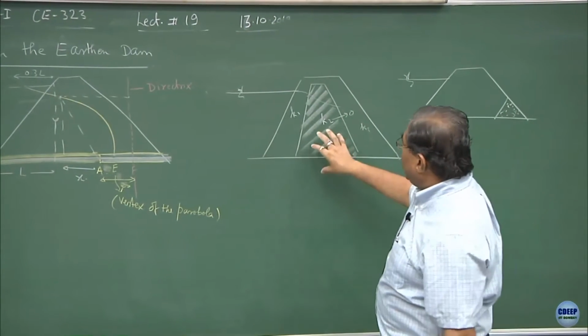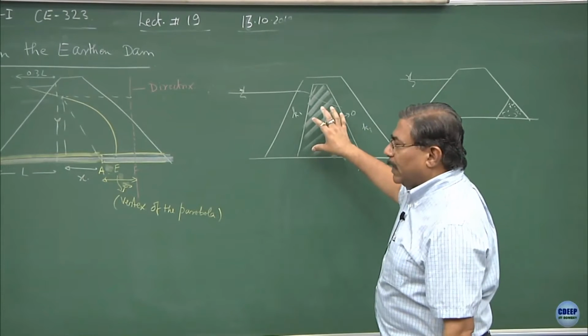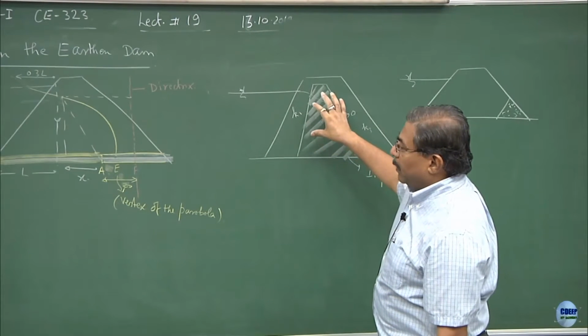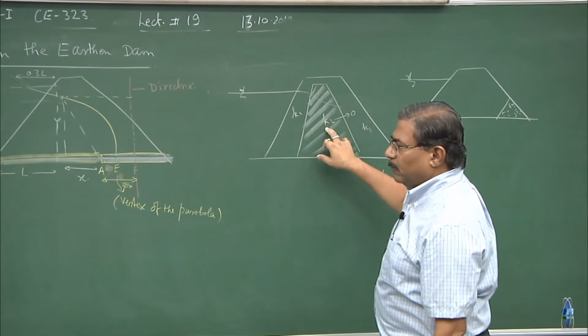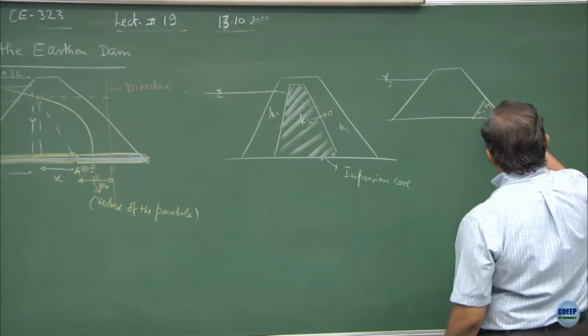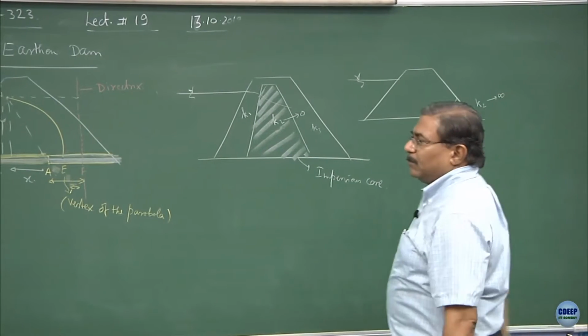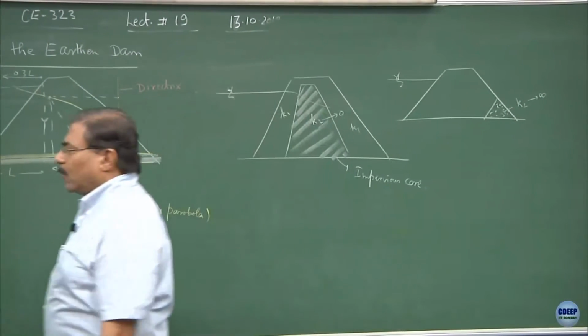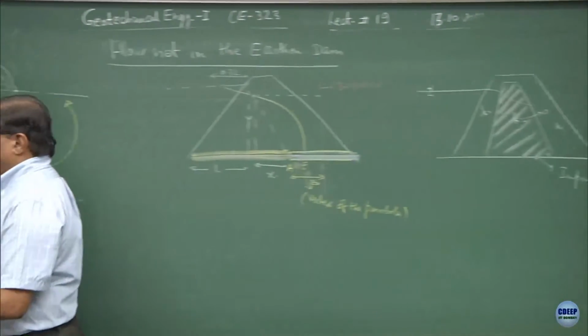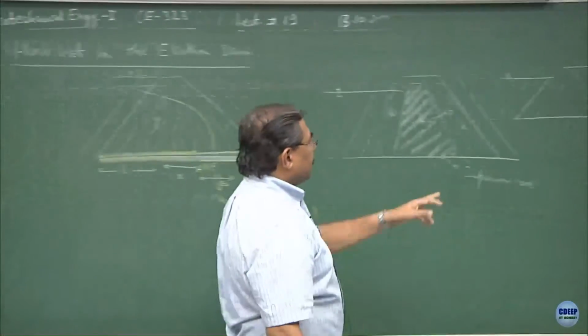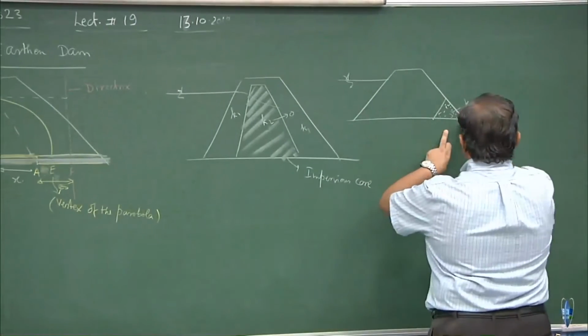So, I have used clay to make a core of the dam through which nothing should permeate, a very small value of K2. But here I am sure you will realize that K2 is tending to infinity because this is made up of rock cores, gravels, sands. There is a specific purpose. Now, this is a filter.